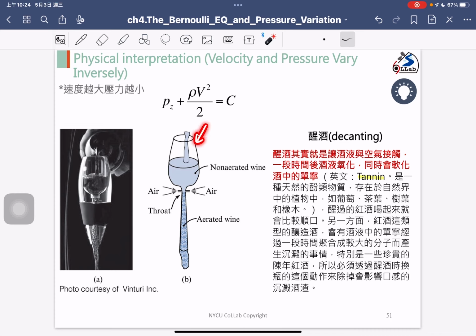And as we understand, we have a small hole, and that indicates the velocity in here will increase, right? And based on the Bernoulli equation, when the velocity increases, the pressure should decrease.